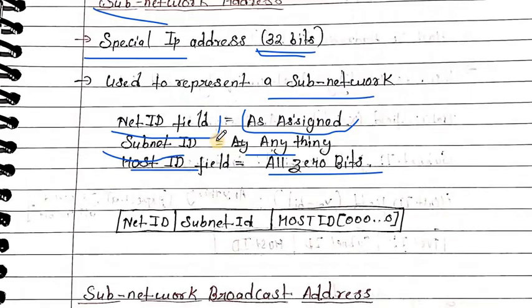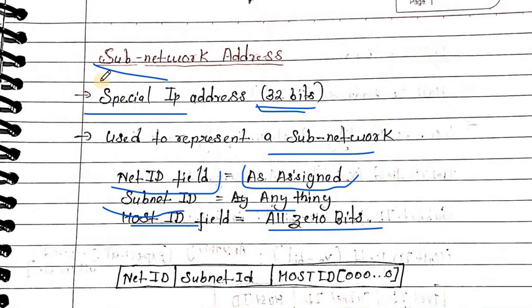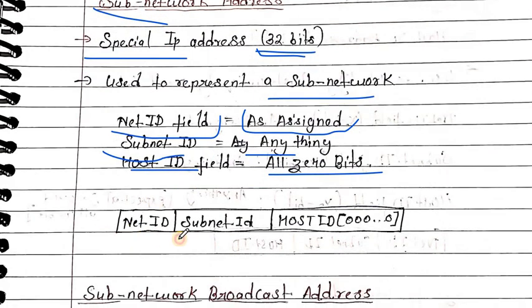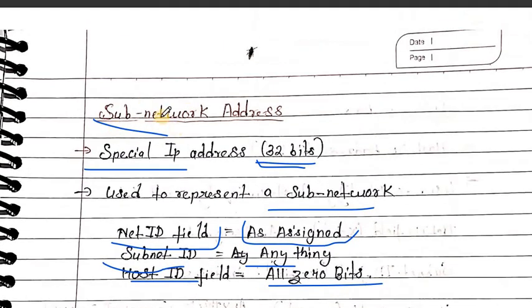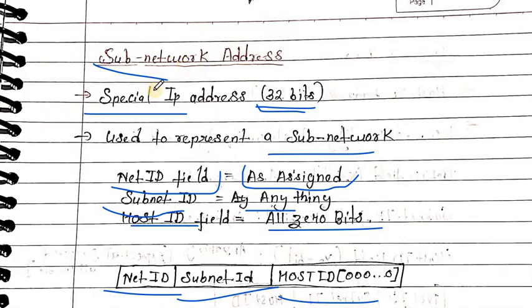In a network address, the network ID is assigned by the service provider and the host ID is all zeros.